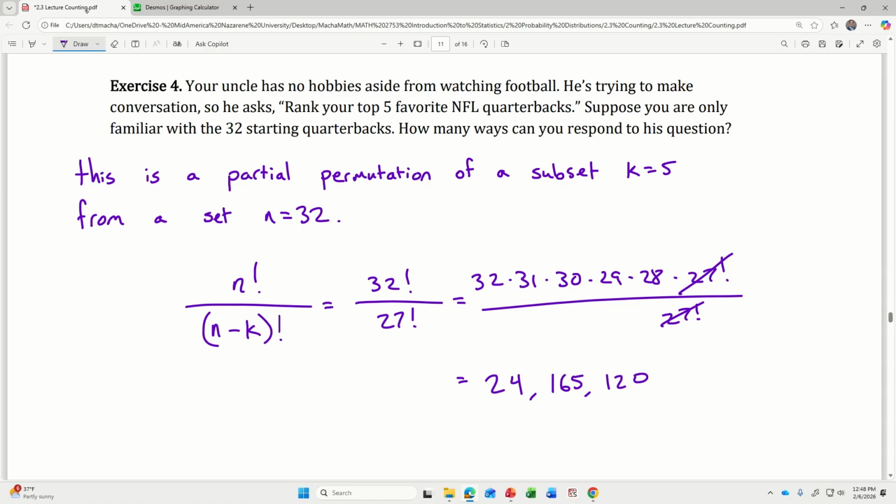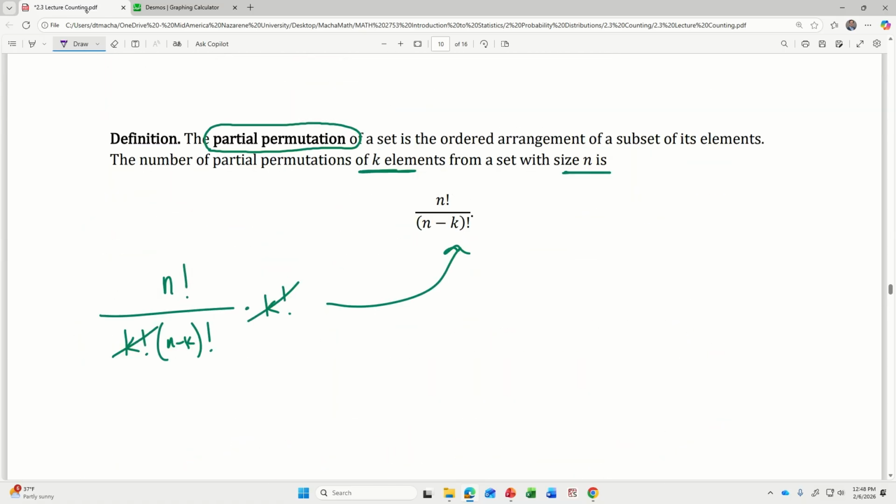I have a question. Why did we not multiply it by 5 factorial? Good question. Yeah, the deal is whenever we have a combination where we're choosing 5 out of 32, we do this part for the binomial coefficient.